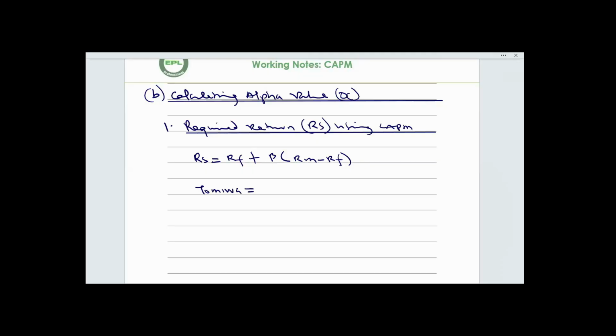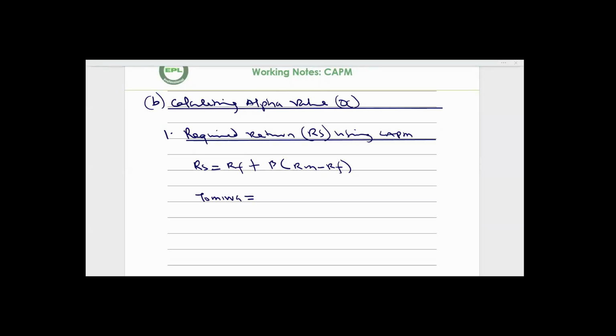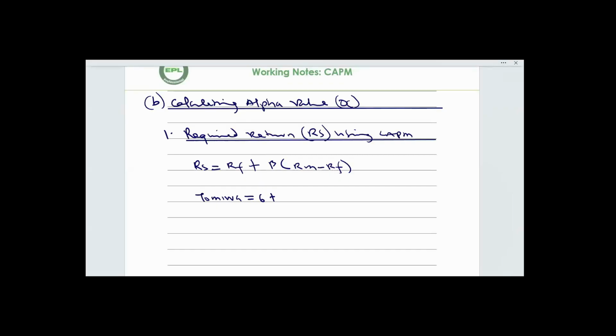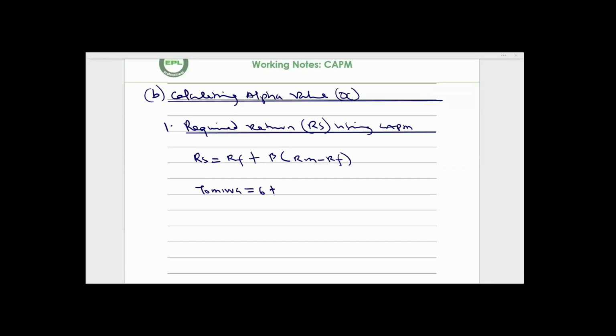So according to the question, the risk-free rate of return is 6%. Market risk premium is, sorry, 10%. So I would then say 6 plus the beta of Tomiwa as given to us in the question, which is 1.55.